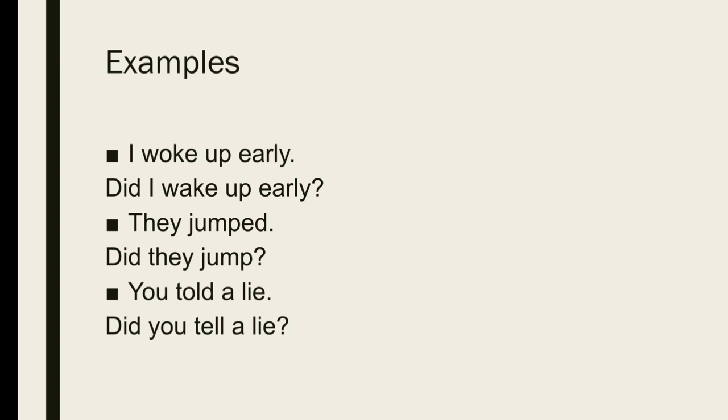So with did we will use the first form of verb. This is a rule actually. And to make it interrogative, we will pick that did from the middle of the sentence to the beginning of the sentence. And at the end, we will put a mark of interrogation instead of the sign of period.